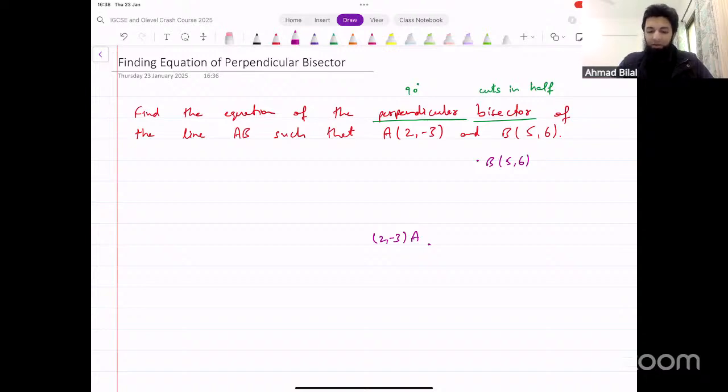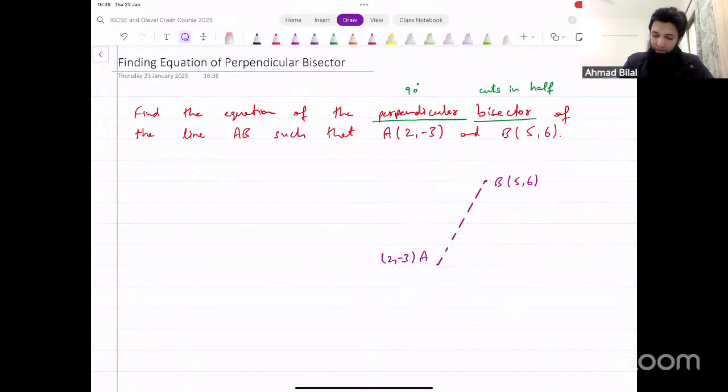Now, what's a perpendicular bisector? If I were to join A and B, I would get this line, right? A perpendicular bisector is a line that passes through the midpoint of AB. Why? Because it has to cut AB in half. That means it has to pass through the midpoint of AB.